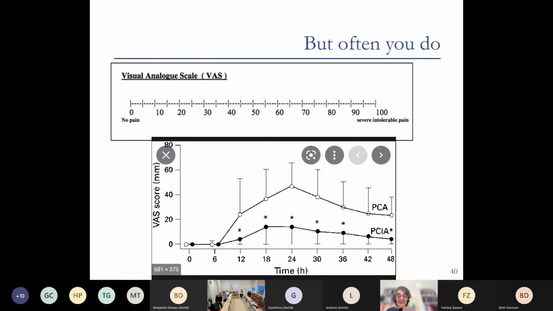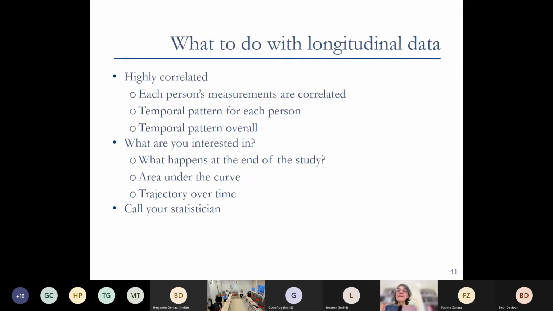So next slide. So what do you do with longitudinal data? Remember that these are highly correlated data. Each person's measurements are correlated within themselves. There's a temporal pattern for each person and a temporal pattern overall. You have to ask yourself, what are you interested in?